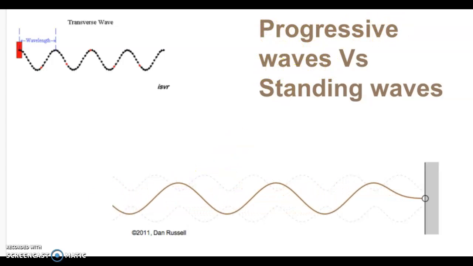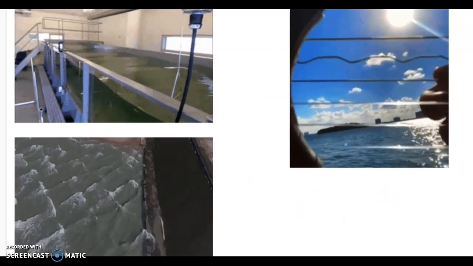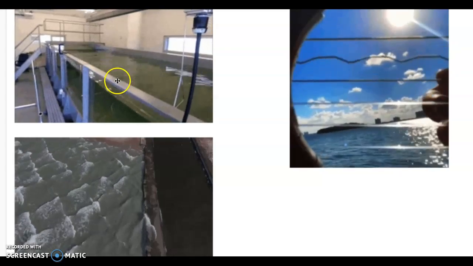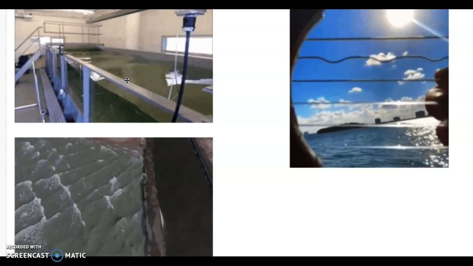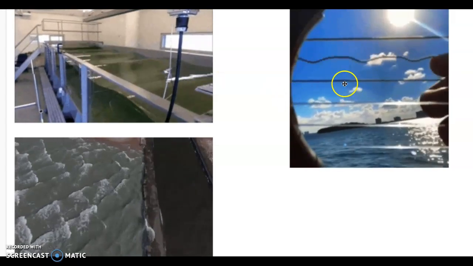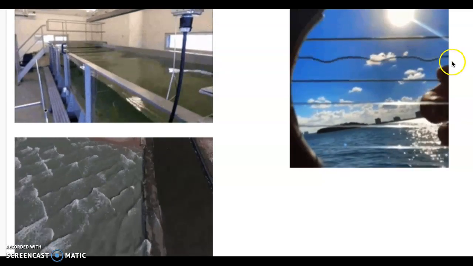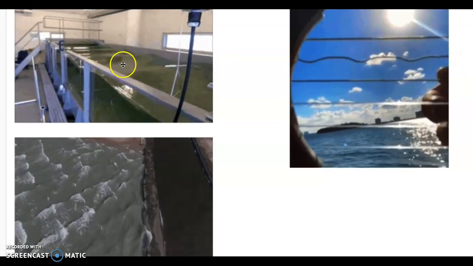But there's also another phenomenon called a standing wave, which you can see here. In water, we're still getting this motion, this change in amplitude, but the wave doesn't seem to be moving along the x-axis very much, right? And here you can see not at all.